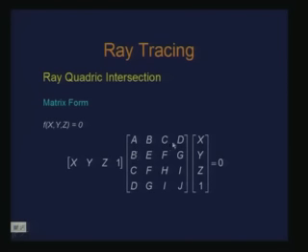So, A B C D here in the column. This part of the matrix is the same as this part of the matrix, and again you have the column of the point x y z 1 equals 0, right. So, this is also the same quadric which we looked at.